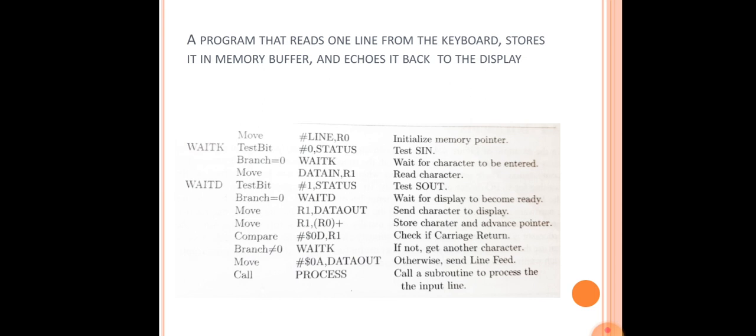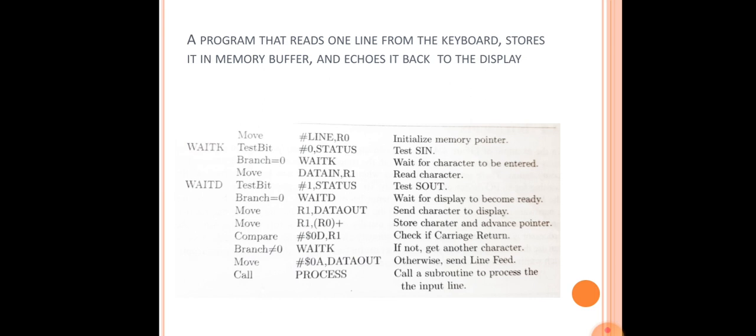So if it is 0, then we need to wait. That means the display device is not ready yet. So branch equal to 0, wait D indicates that if the device is not ready, we need to loop. And if the device is ready, it sets the SOUT flag to 1.